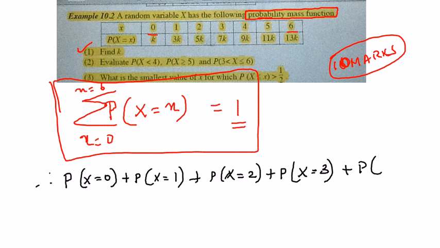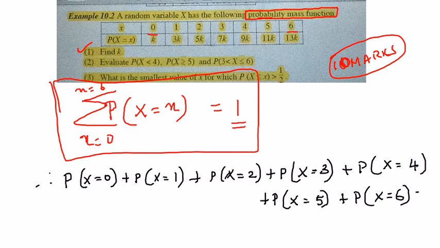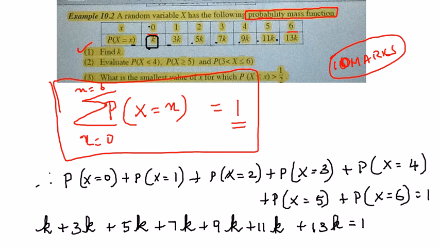For you it might be trivial, it might look very simple, but don't miss any steps because the sum itself is very simple. P of x equal to 5 plus p of x equal to 6 is equal to 1. That is, what is p of x equal to 0? K, right? Therefore k plus the sum of all these values. Okay, that is what I'm going to do now. So I've written it down.